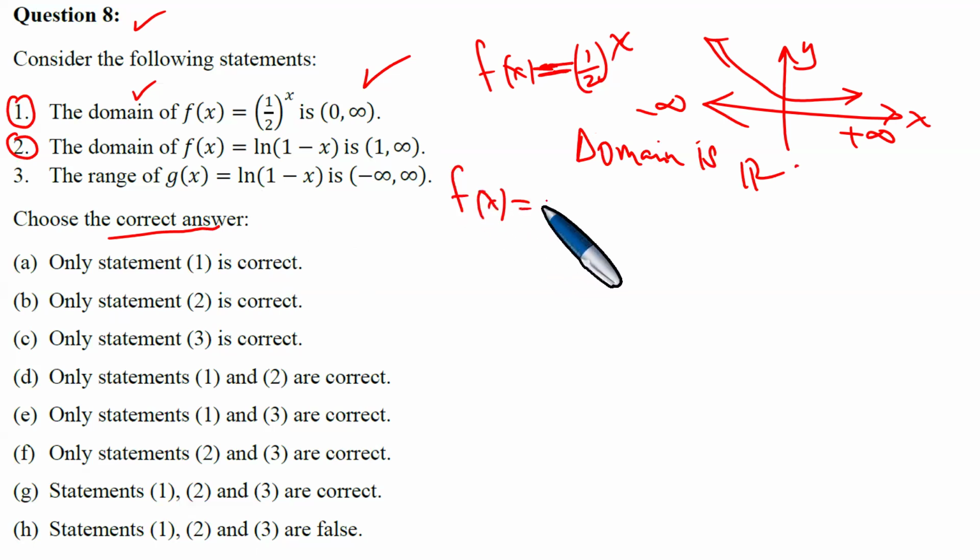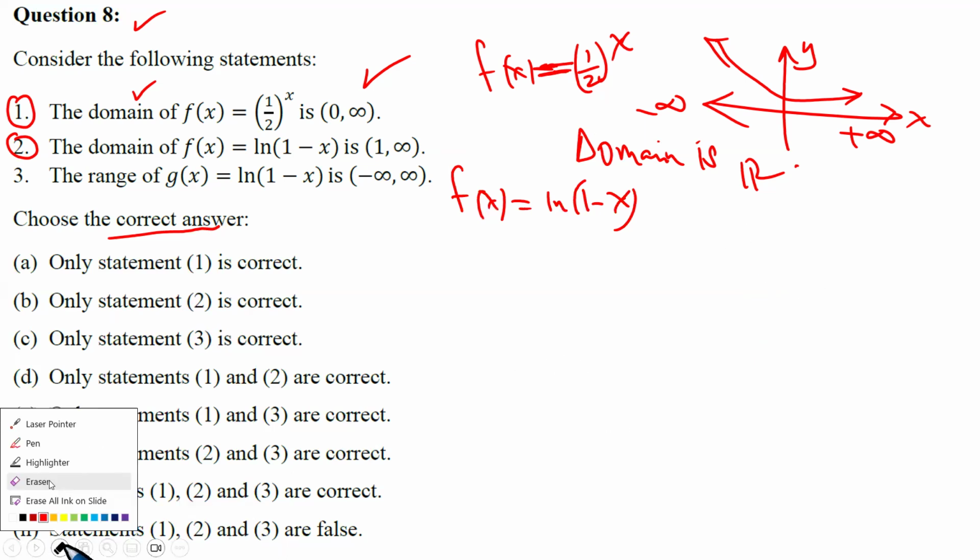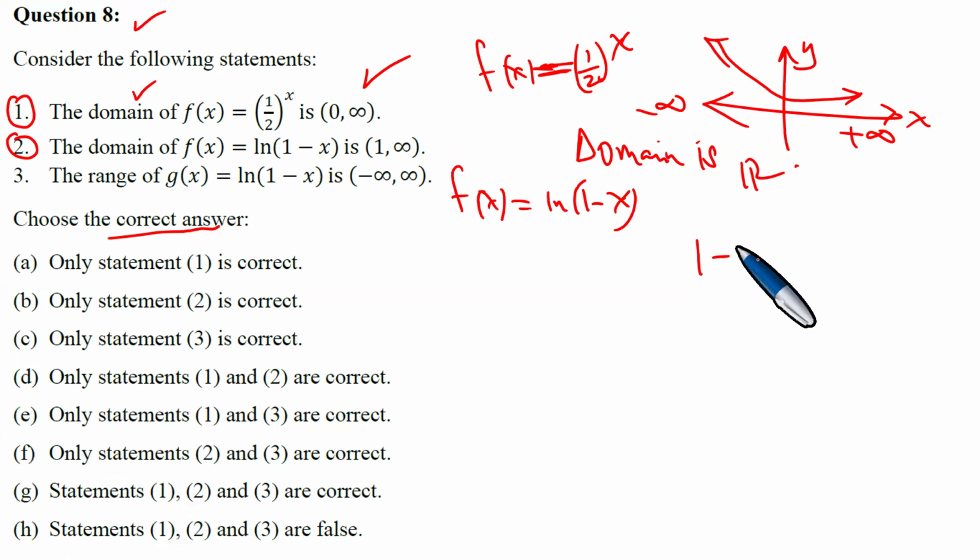So if you have f of x is the natural logarithm ln of 1 minus x, what is the domain of this? To see the domain of this is knowing the domain of the log. So the logarithmic function is actually defined whenever 1 minus x is positive, and that means x is less than 1.